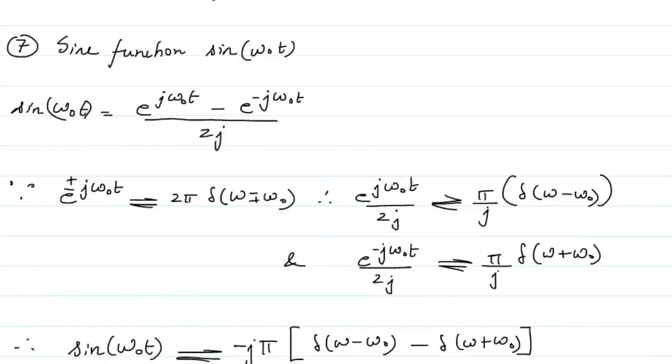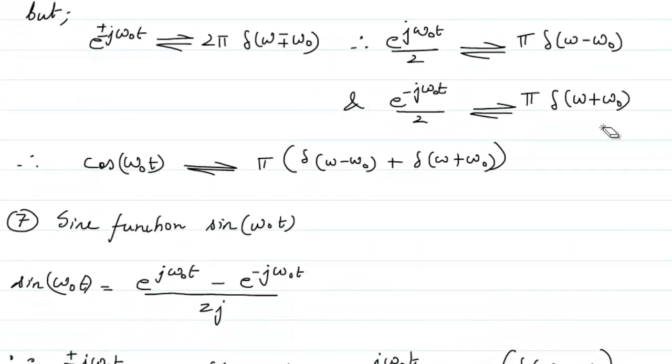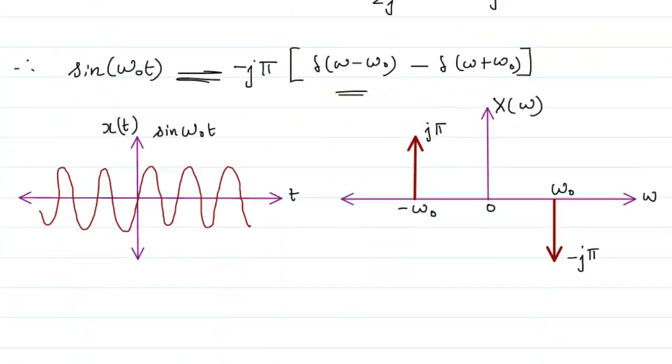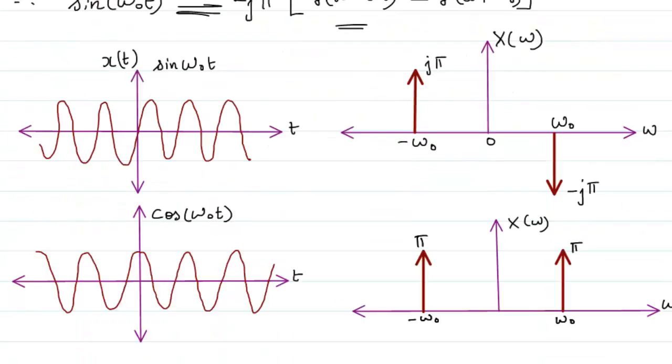Similarly, we can draw the case of cos, which has just two delta functions with an amplitude of pi. Let us draw that one also. So here we have cos of omega naught drawn with its Fourier transform.